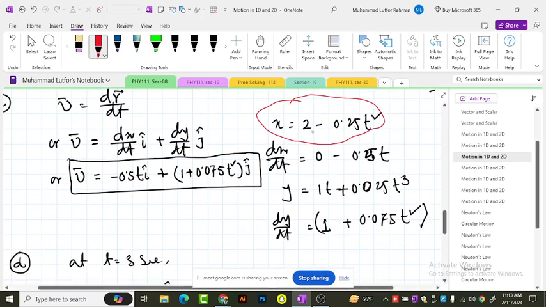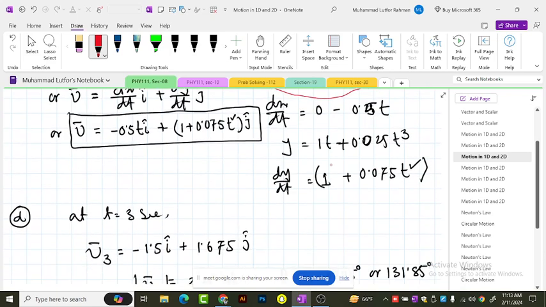Because it's a 2, if you take the derivative of the constant function 2, it should be 0, and 0.25 t square is going to be 0.5 t. And this is the y function, and I take the derivative also of that y function, then I got 1 plus 0.075 t square.